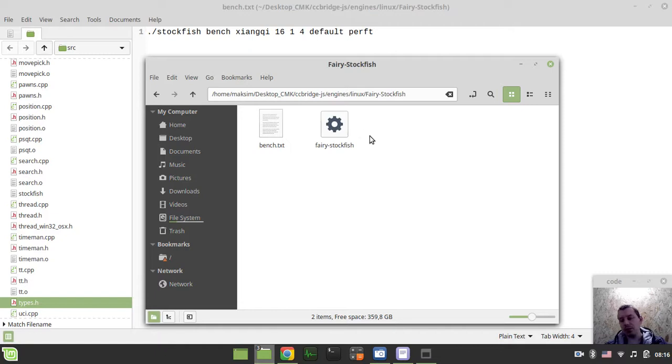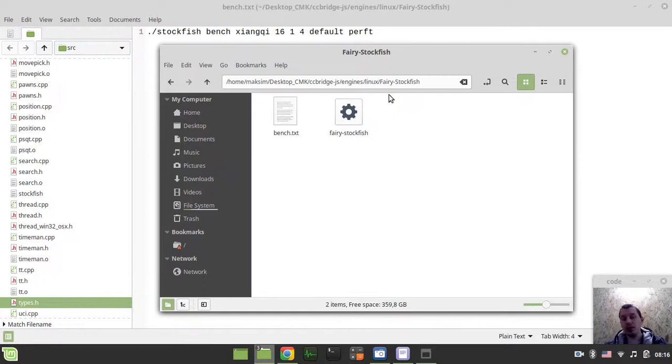So Fairy Stockfish and Chameleon are both written in C++ and literally are derivatives of the Stockfish engine itself. And quite surprisingly, it's really confusing, but it's true that both move generators are very slow, and it's really hard to figure out why exactly that is happening.